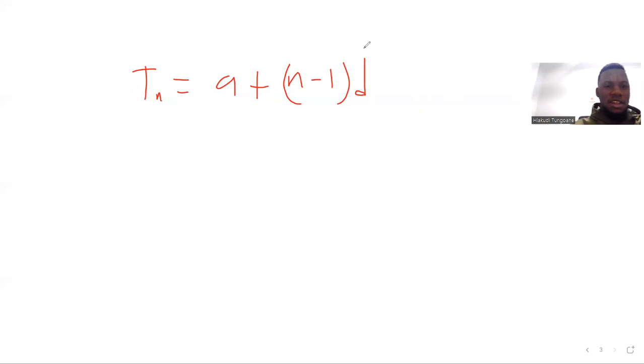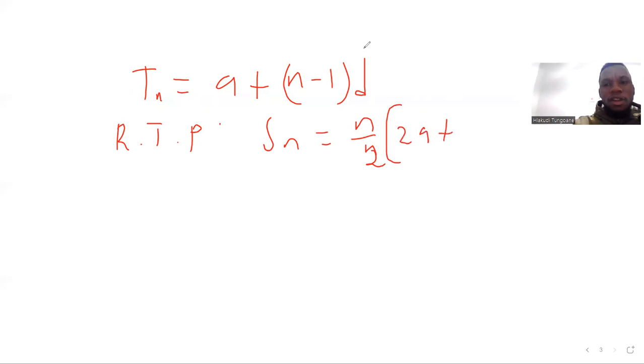And then Sn, so what are we trying to do? We are required to prove that Sn equals n over 2 times 2a plus n minus 1 d. So this is what we need to prove, right?